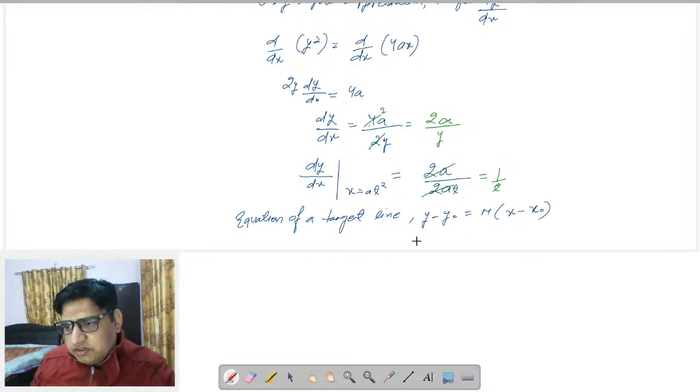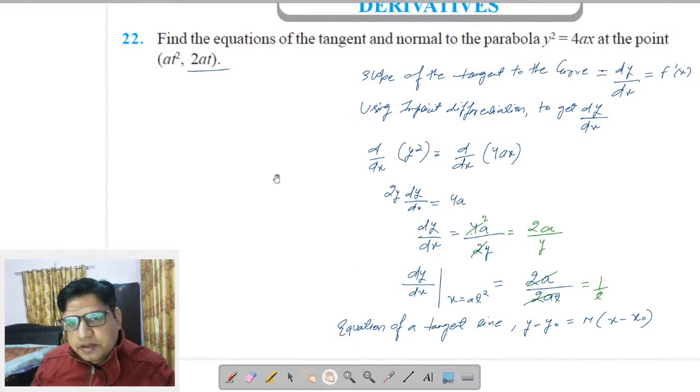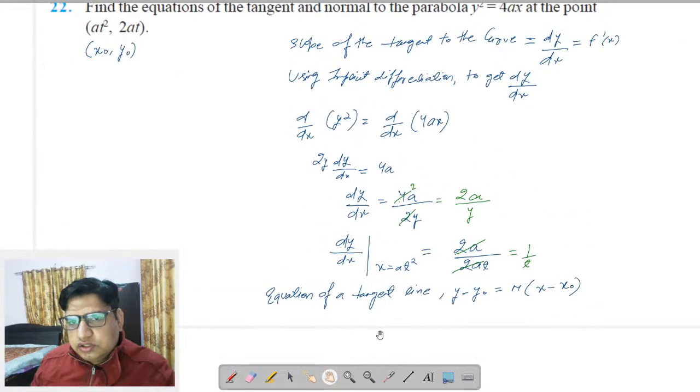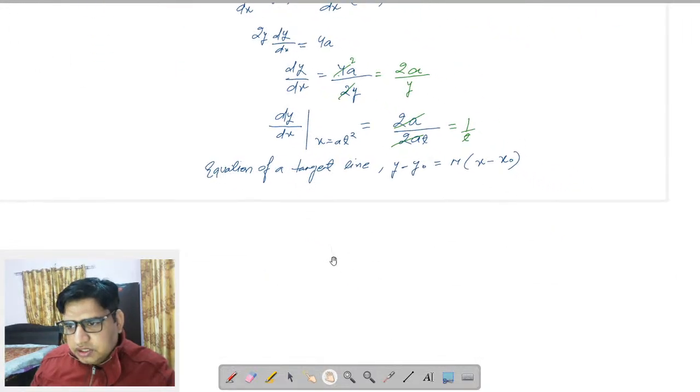Here x naught and y naught are given to us, and these are at square and 2at. So substitute the values into it: y minus 2at equals 1 by t times (x minus x naught).